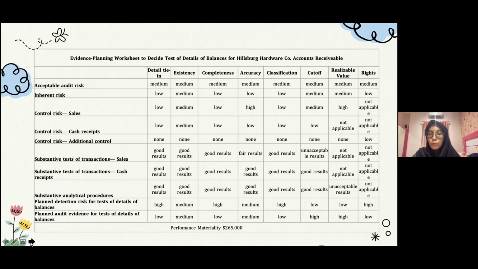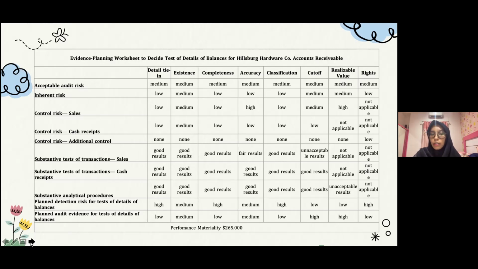And then we have acceptable audit risk, inherent risk, control risk sales, control risk cash receipts, control risk additional control, substantive test of transactions for sales, substantive test of transactions for cash receipts, substantive analytical procedures, planned detection risk for tests of details of balances, and planned audit evidence for tests of details of balances.